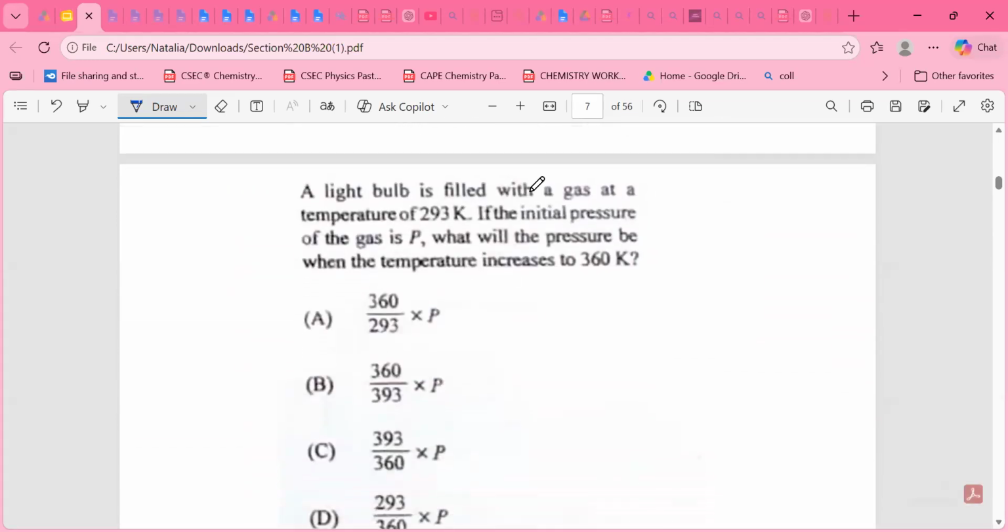A light bulb is filled with a gas at a temperature of 293 Kelvin. If the initial pressure of the gas is P, what would be the pressure if the temperature increases to that? So P is the initial pressure, T is the initial temperature.